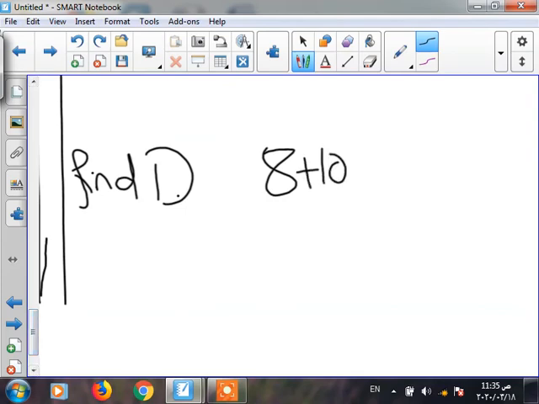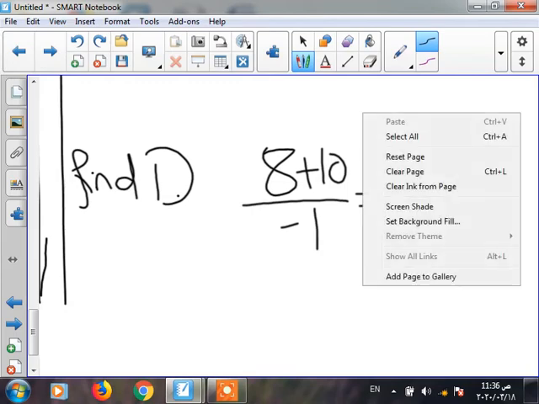Plus 10 over how many in the denominator? Negative 5 plus 4, it will be negative 1. So it will be negative 18.